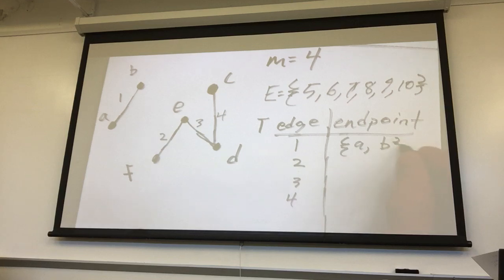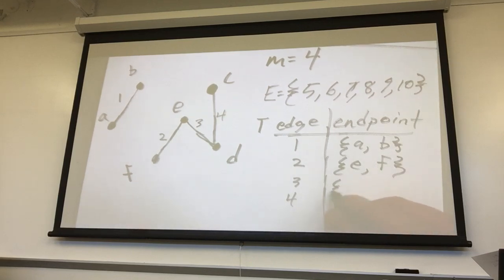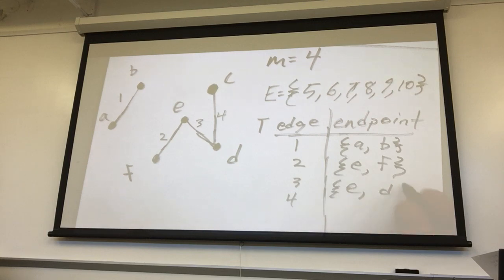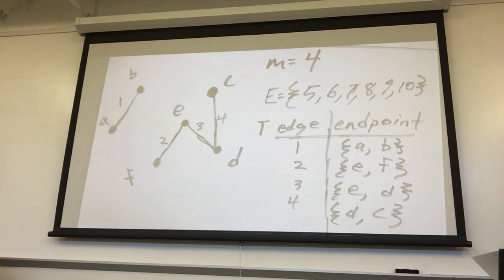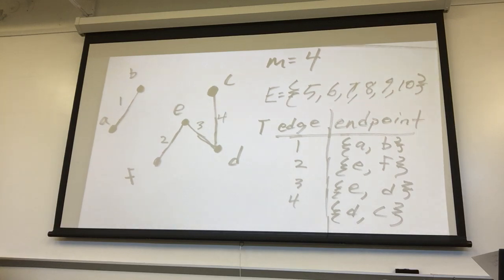That would be AB, F, D, and then what would our last one be? Would be DC. Okay, so that's the 4th iteration of the algorithm.